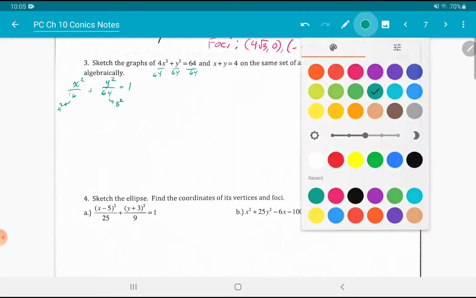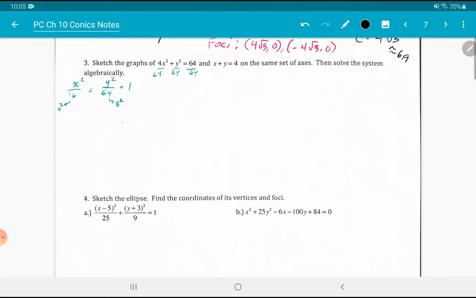Let's go ahead and graph that. I do notice that my y value 8 is a lot longer than 4, so I'm going to make sure my y-axis is drawn accordingly. My y is a lot more vertical. It's going to go up to 8: 1, 2, 3, 4, 5, 6, 7, 8, and the same going down. And then we have the x values going to 4 and negative 4.